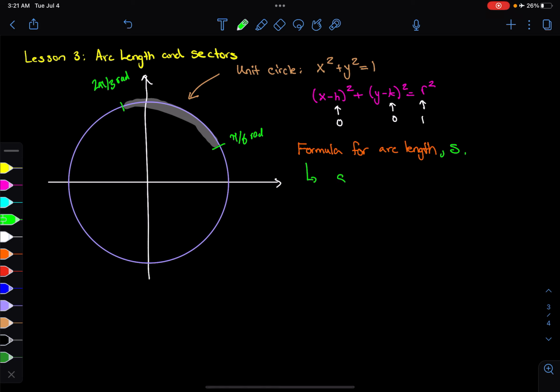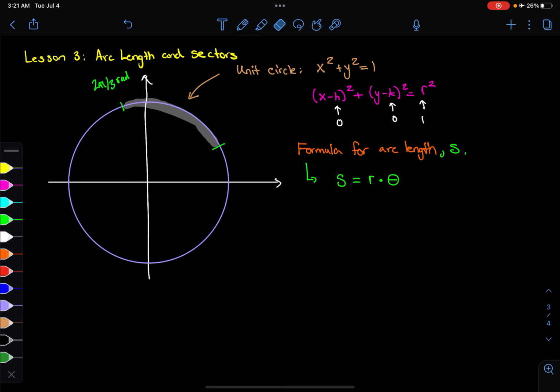It is that the arc length of some circle is equal to the radius times the amount of movement or the angle that exists between from the center out to the edge of the circle, and then however long your segment is. So what do I mean by that?